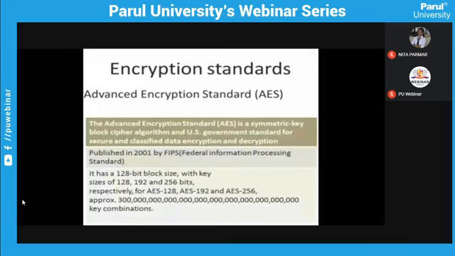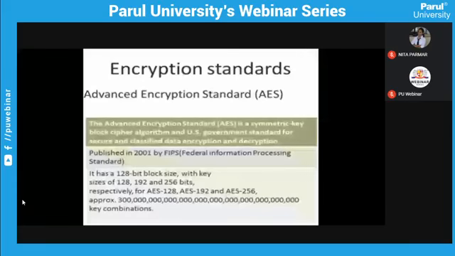And the AES algorithm was first published in 2001 by the Federal Information Processing Standard, FIPS, and it uses a somewhat longer block size. So it has a 128-bit block, and three types of keys may be used: 128 bits, 192 bits, and 256 bits. This means there are three versions of this AES algorithm, and three types of key can be used here.